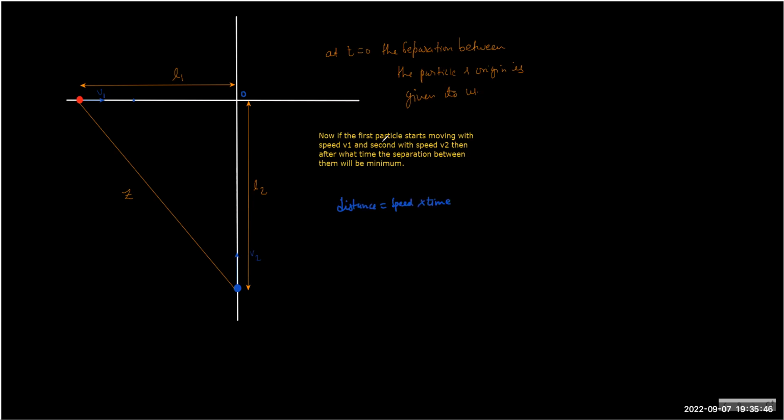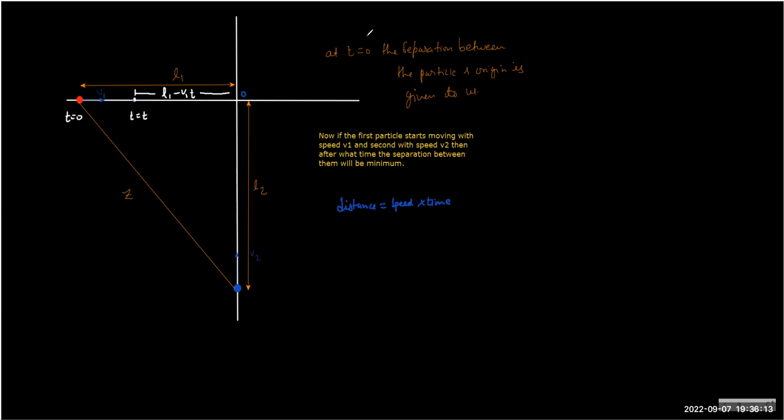speed into time. So in time t, the first particle will travel how much? If your speed is v1, so in time t, if this is t equals 0 and this is t equals to t, how much have you traveled ahead? v1t. Very good. So your distance from the origin is now L1 minus v1t.